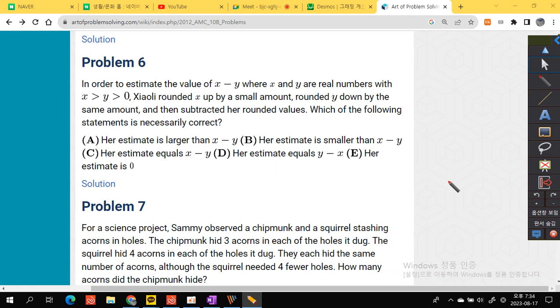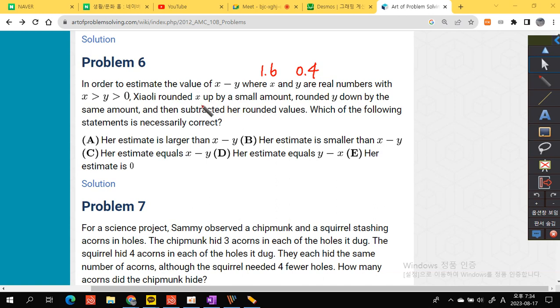So x is rounded up and y is rounded down. That means the estimation will be an overestimate or underestimate. Let's say x is 1.6 and y is 0.4.